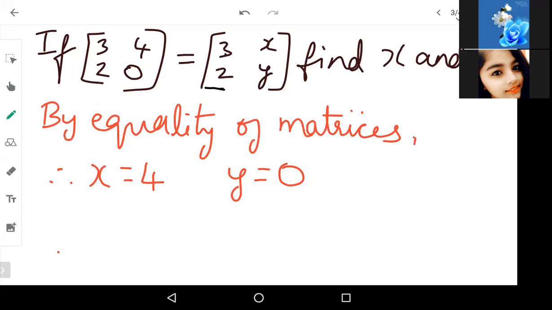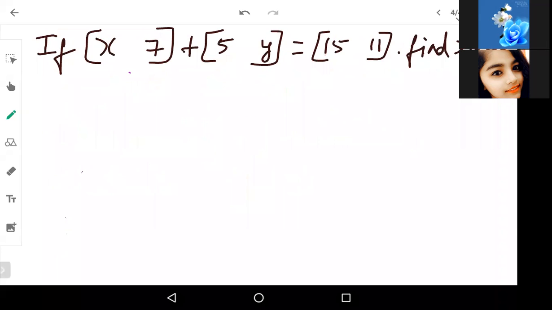So this is find X and Y. So this is matrix X and Y. So did you all understand this? Okay, so this is equality of a matrix.